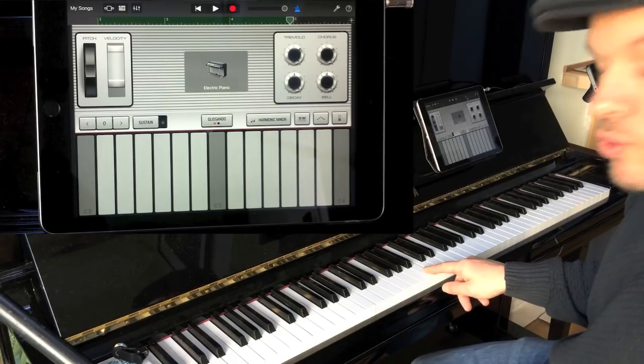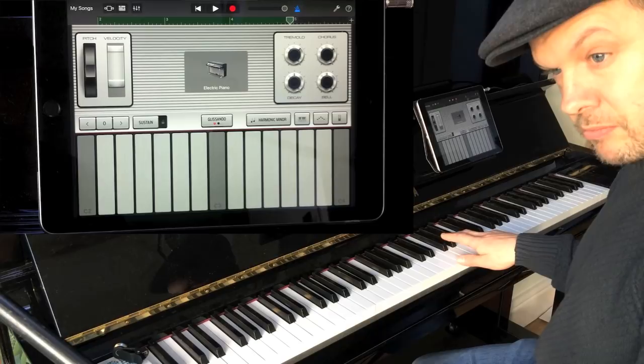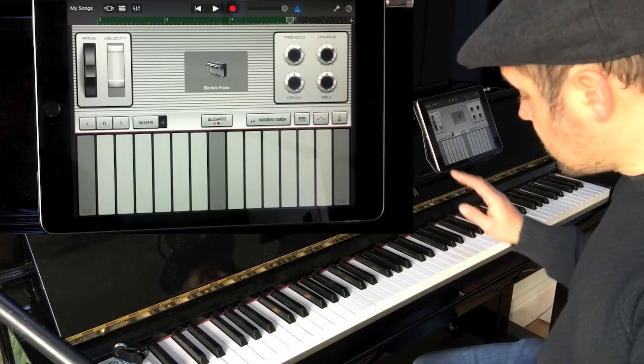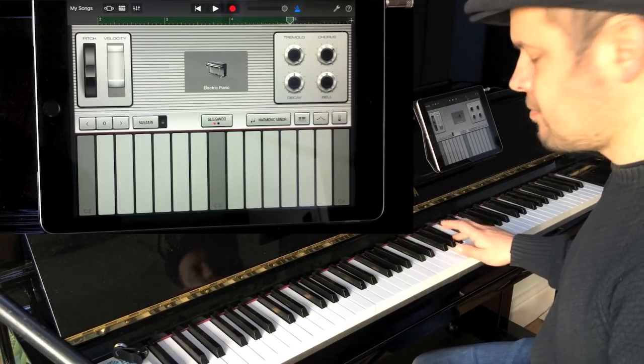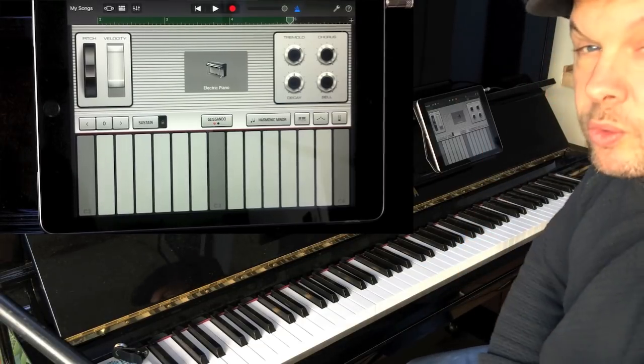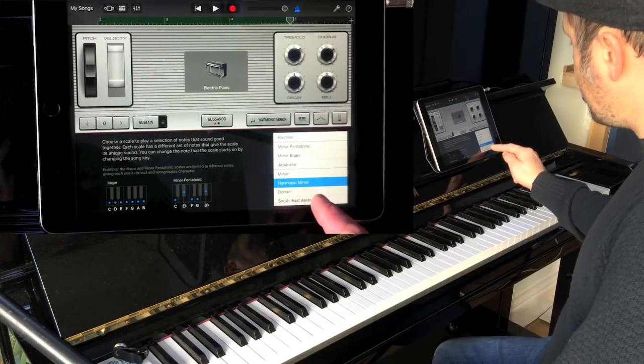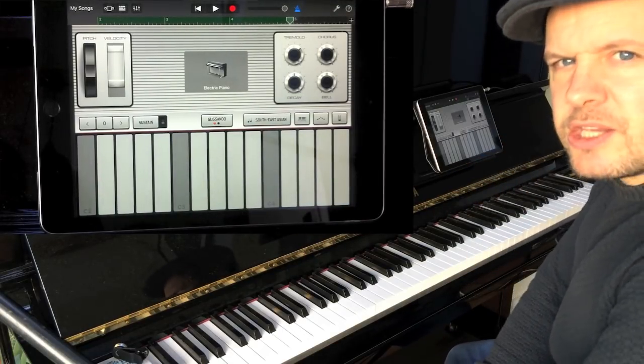Because we have a B natural here, that's where it comes from in the harmonic minor. So it's like a minor scale, but with the addition of that harmonic component, and that's why it's called the harmonic minor. So, moving on to the last one, Southeast Asian.